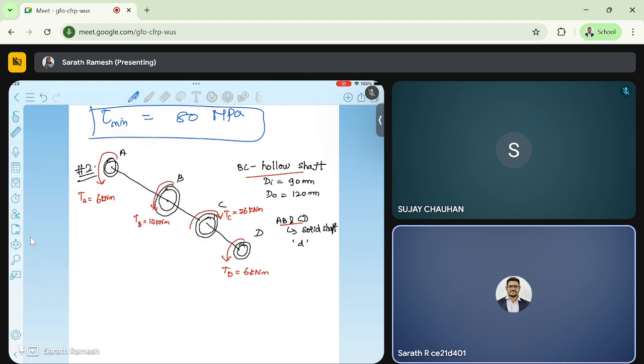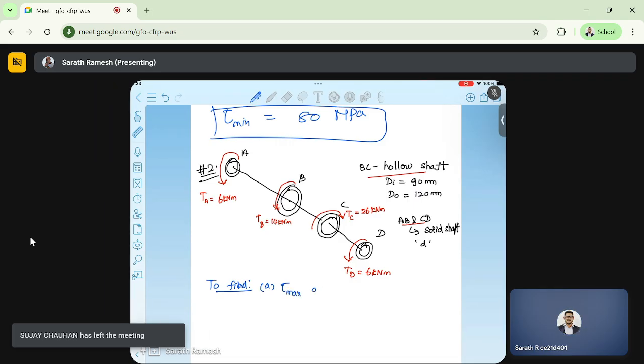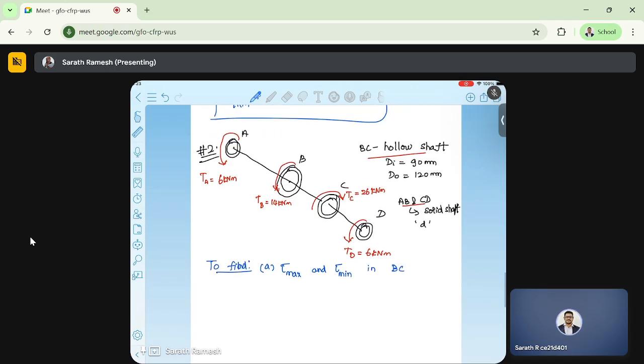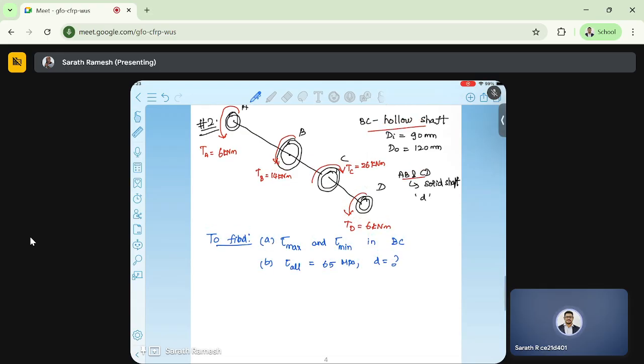So we need to find tau max and tau min in the shaft BC. That's the first question. Second question, if the allowable shearing stress tau allowable is given as 65 megapascal, we need to find what D is. Okay, let's solve the problem.